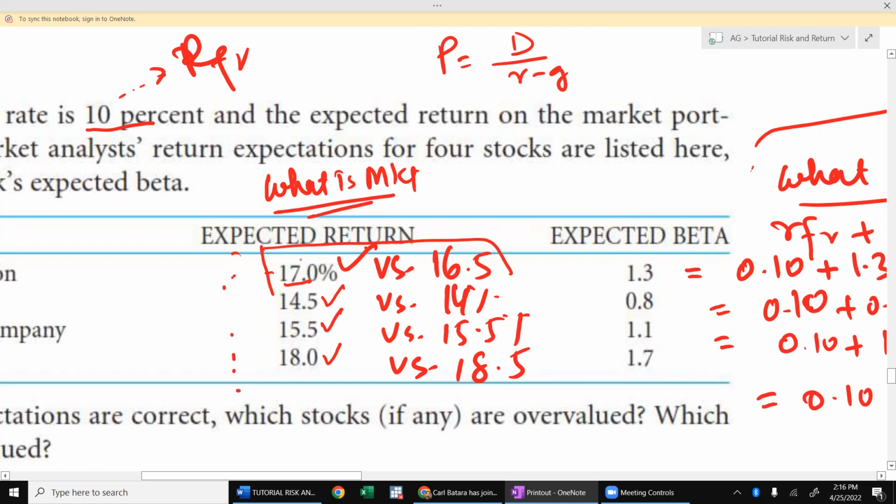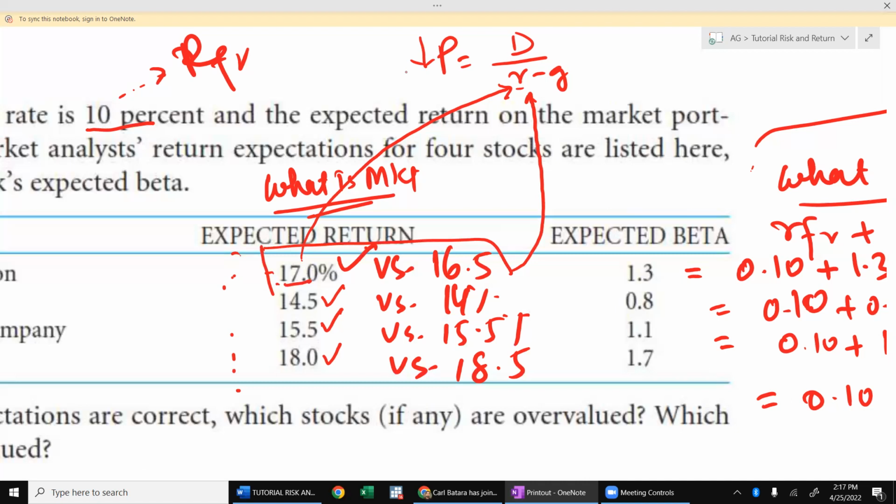If the existing shareholders are requiring 17%, but CAPM says that they should require 16.5%, if they are requiring 17%, the price will be lower, right? But CAPM says that they should use 16.5%. So what should be this situation? Will this stock be overvalued or undervalued? Undervalued. Very good.